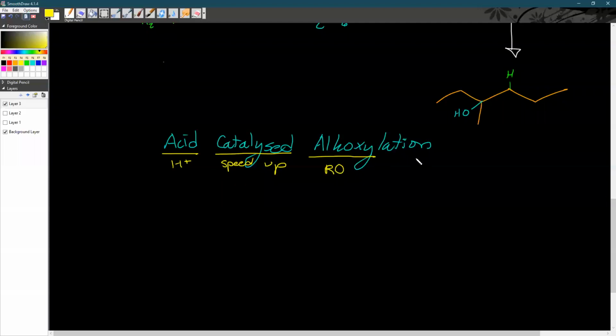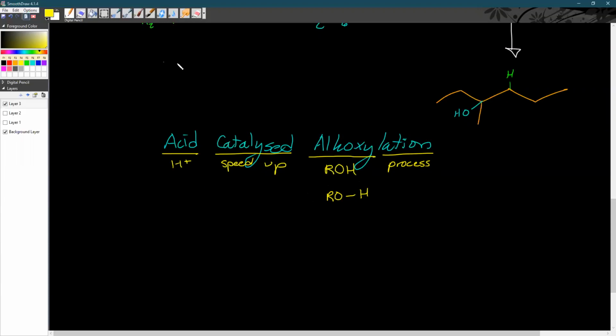And what we know, of course, is this. Once again, this alkoxy group can really be written as ROH. That's the two things that we're adding, a hydrogen and this alkoxy group.